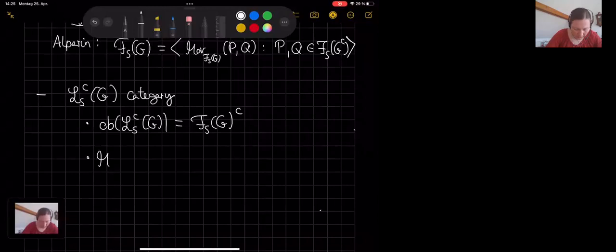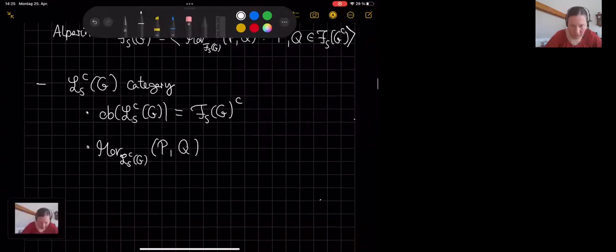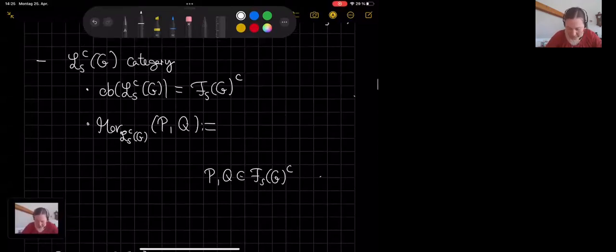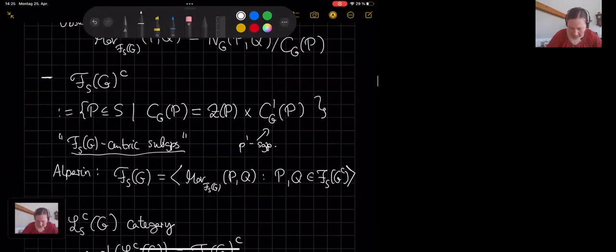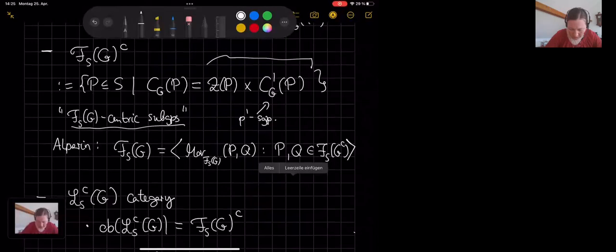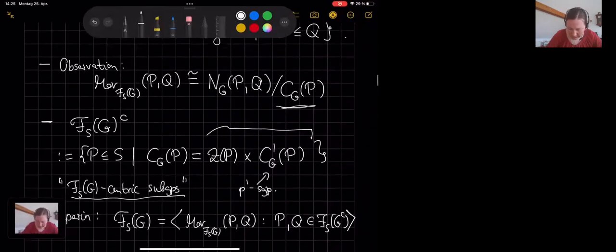Now if you look at morphisms in this category between two objects P and Q in F_S(G)^c, then we know in particular that the centralizer can be split in this way. And what I want to do is not factor out the whole centralizer as I do above here, but just factor out this p' part.